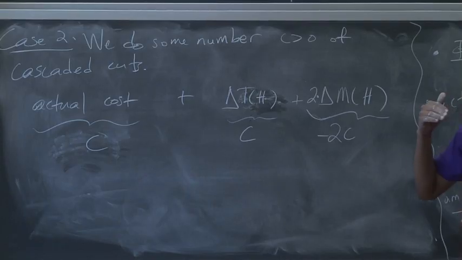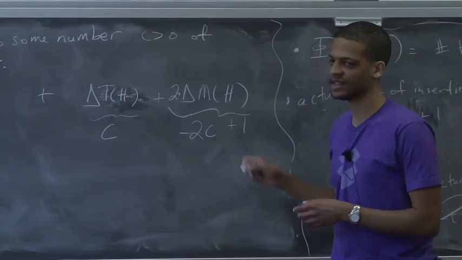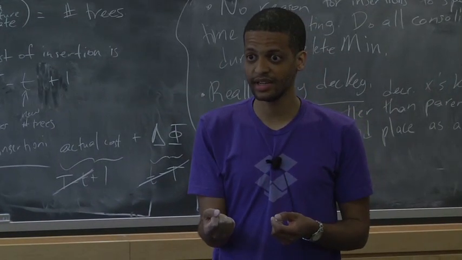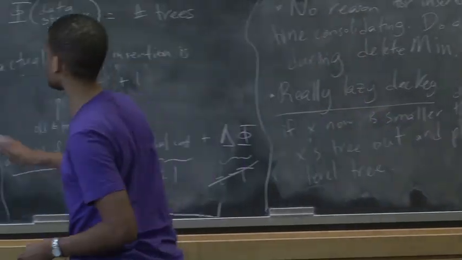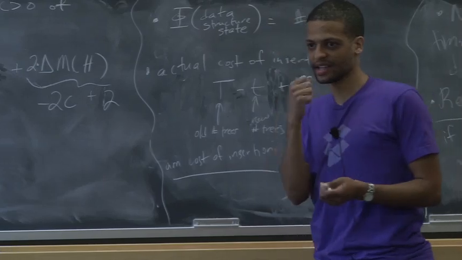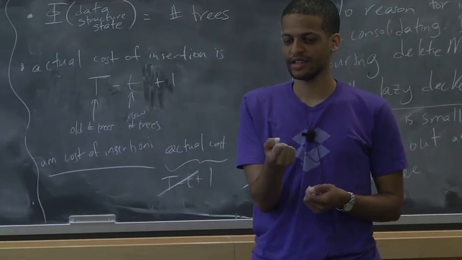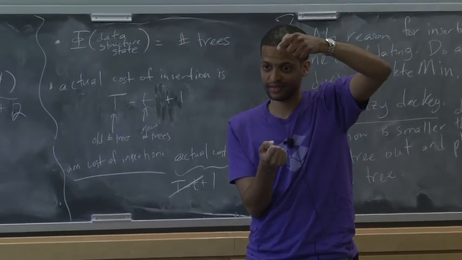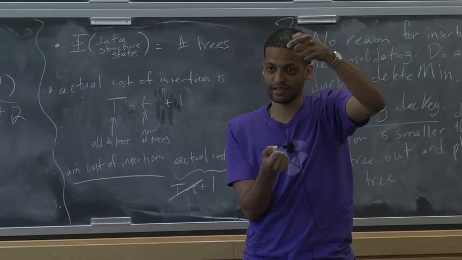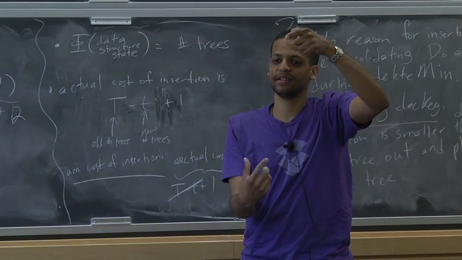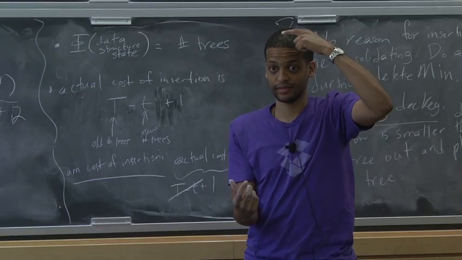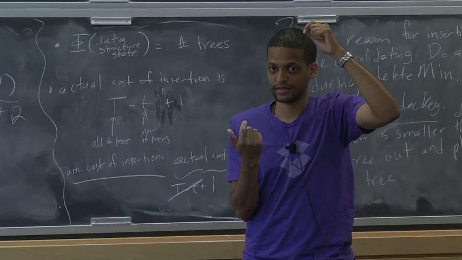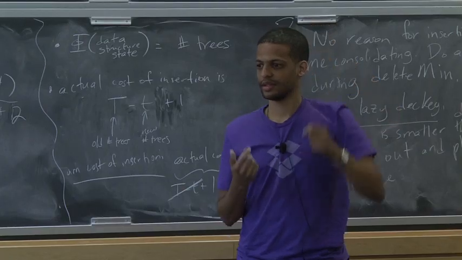But then I think there's an extra 1 maybe. Let's say I cut x and that's the only thing I cut. Let's say c is 1. So now that means his parent was not marked before. So his parent is now marked. But now x's marked bit can get cleared. So I haven't actually changed the number of marked items.